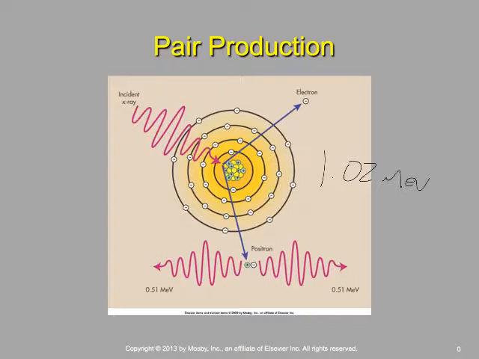At this energy range, it has the ability to produce two separate particles, each having 0.51 mega electron volts. Where did that come from? Well, it's precisely half this energy right here. So one of them just careens off. It's an electron. It might bounce around and find an atom to enter.